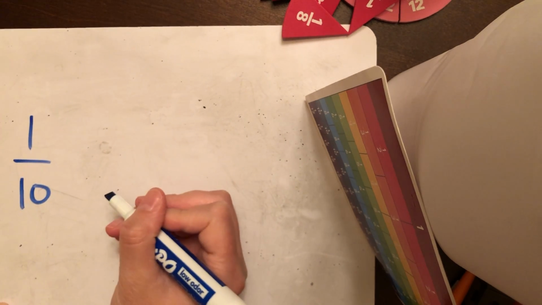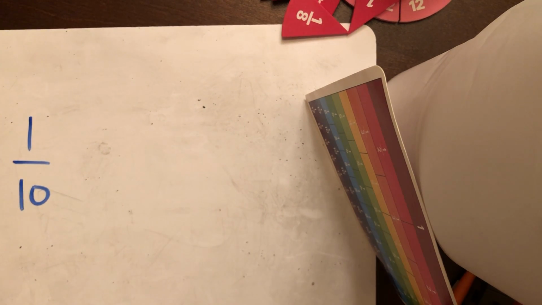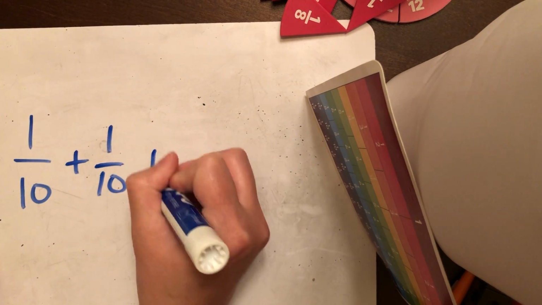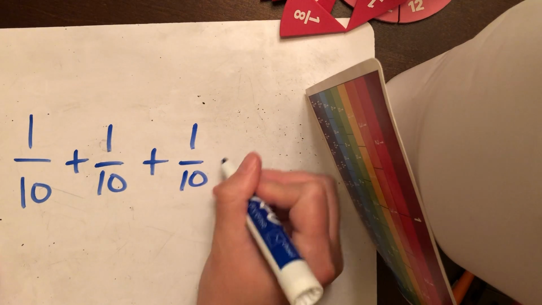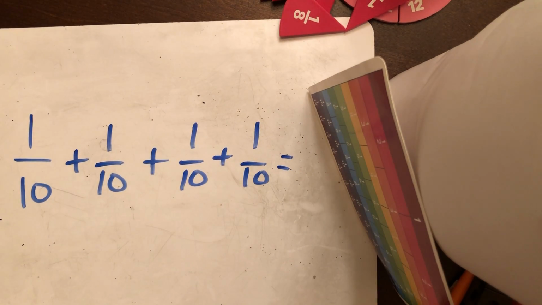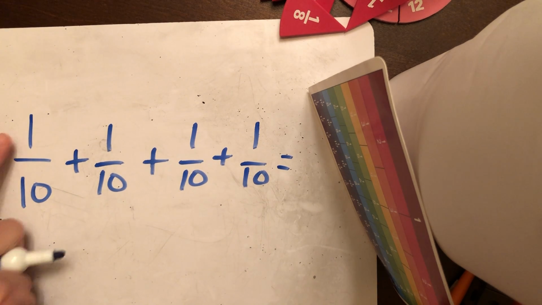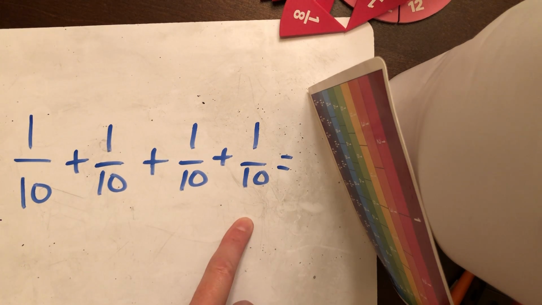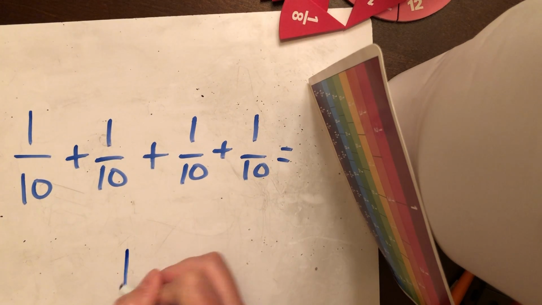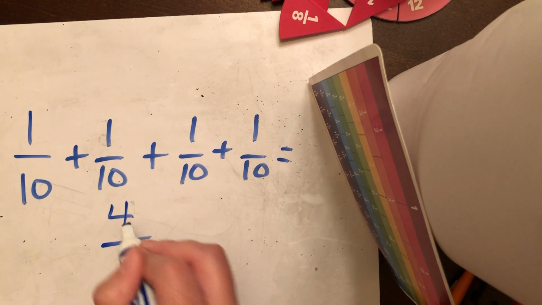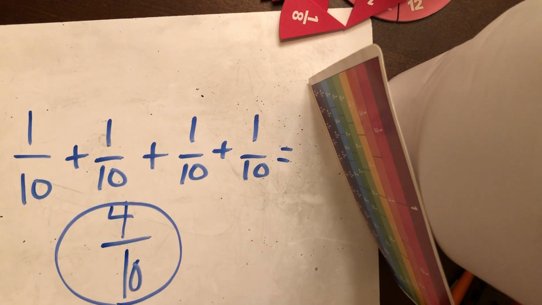So if we're adding fractions, 1/10 plus 1/10 plus 1/10 plus 1/10 would be what? When your denominator, which this is the numerator, this is the denominator, is the same, it's going to stay the same. Then your numerator, 1, 2, 3, 4, is equal to 4/10.